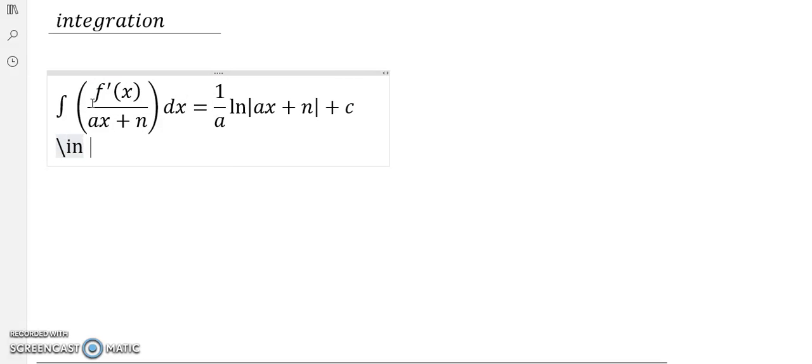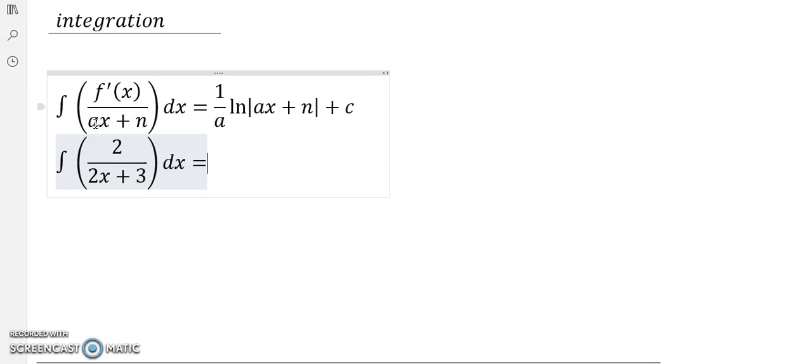Okay guys, let's have some examples. We got the integral of 2 divided by 2x plus 3 dx equal to, let's check this out. This one, guys, is in this form: f prime x divided by ax plus n, where the numerator is the derivative of the term ax.